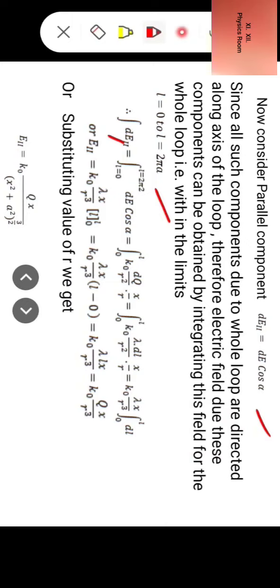Therefore, integration dE parallel is equal to integration from 0 to L of dE cos alpha.